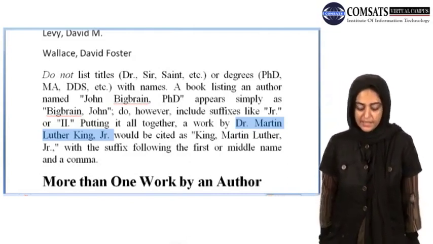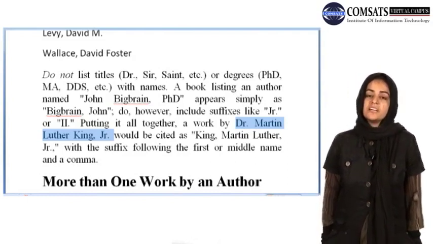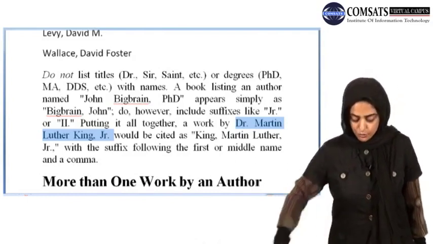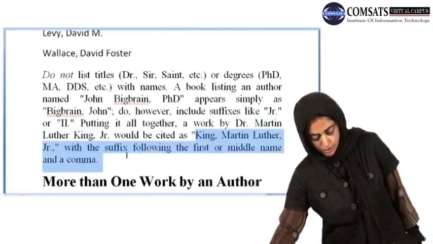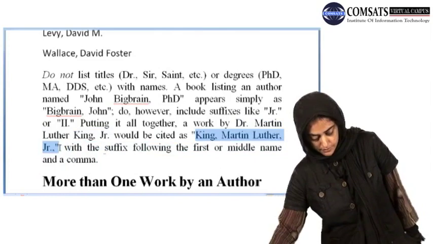That would be added when you will be creating the reference for this name. So that would be, kindly have a look on the screen, King Martin Luther, comma, Jr. dot, comma.